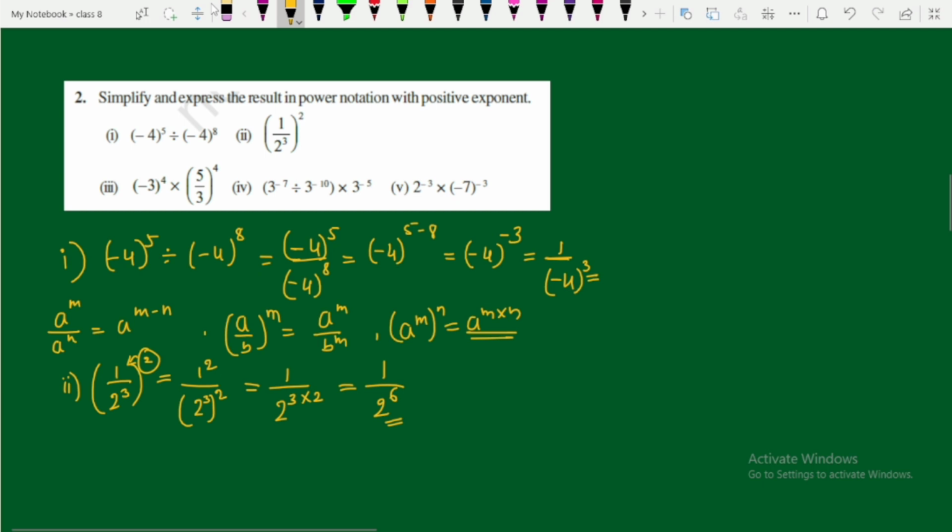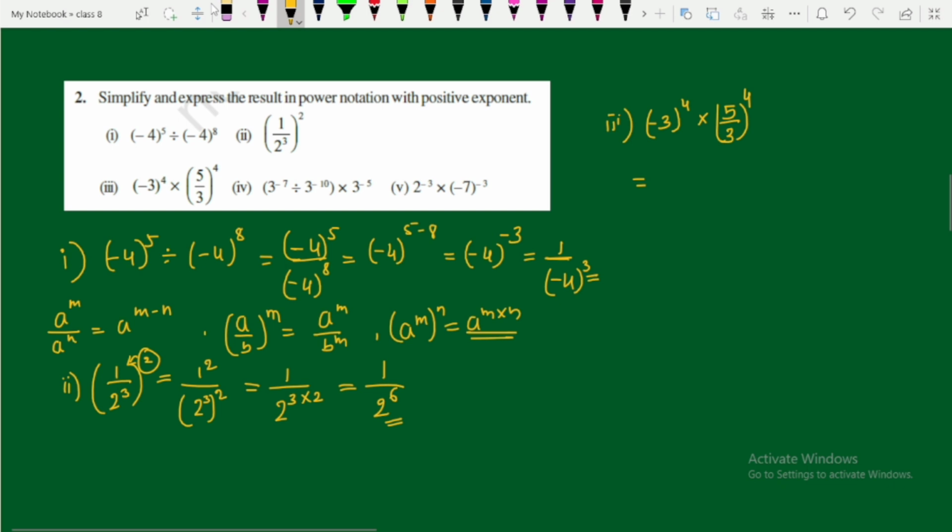Next question, that is question number 3. Yes, we'll do question number 3, that is (-3 raised to 4 into 5 raised to 4) divided by 3 raised to 4. Again, we have to express the power as a positive exponent. The power is already a positive exponent, but we have to simplify.